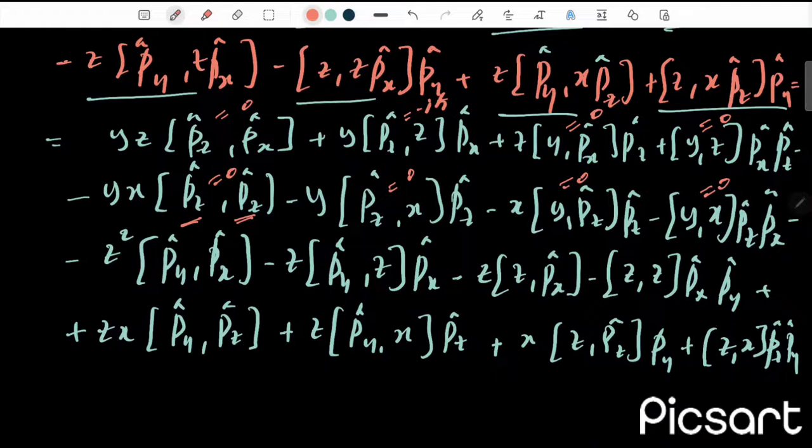Here we have i times h bar, and again here we have also 0.